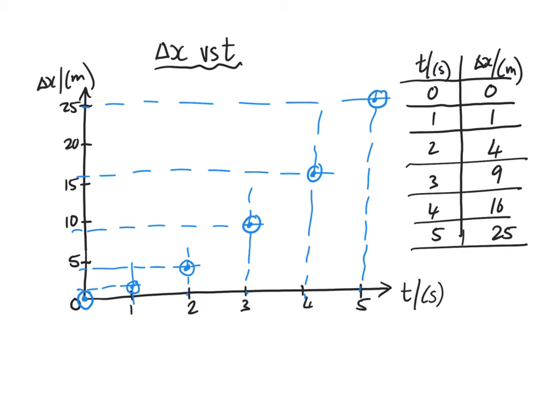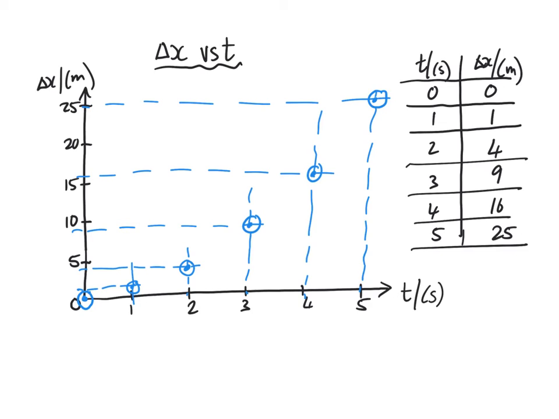Now, looking at this data, it should be clear that you can't fit this data with a straight line, because if I draw a straight line through it like that, you'll see that there are a lot of data points that are far off the line.